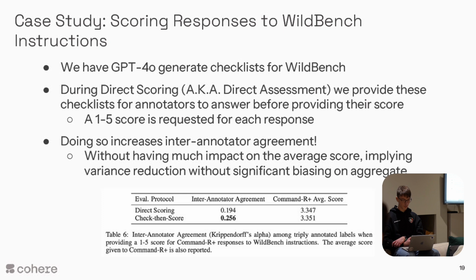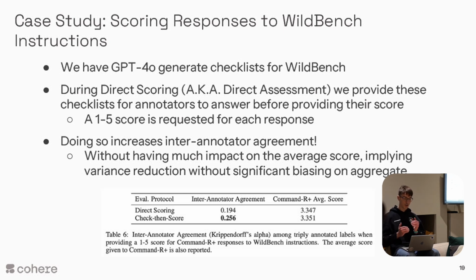So this is a measure of how much, if you have multiple annotators evaluate a single response, they agree. The higher agreement tends to be considered a good thing, because it means the annotators are well calibrated on what they think a good response is. And yeah, we increased agreement without changing the average score very much, which implies that we were getting variance reduction without adding bias to the score.